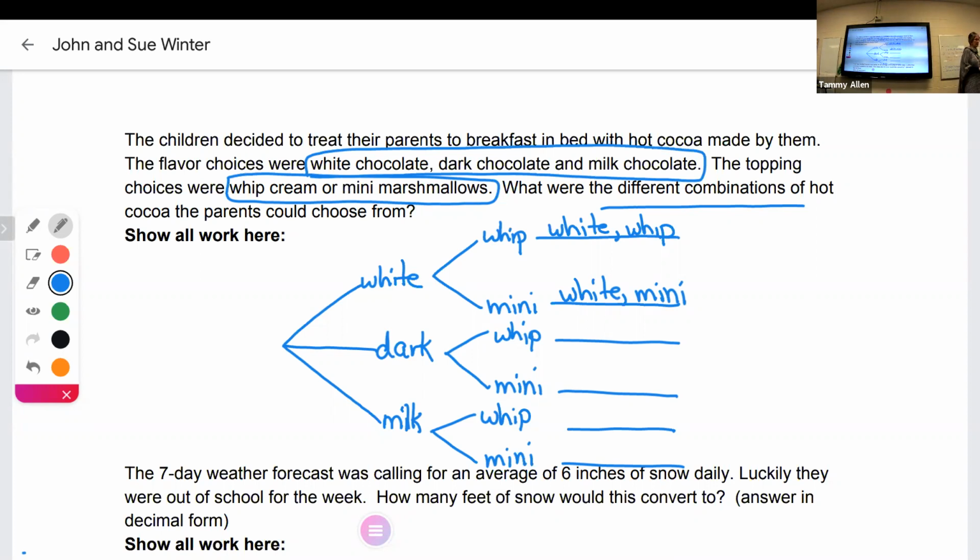Questions? Yes? But I don't know which one you don't want me to grade. And typically I start at the top and grade, and then the last one's the one I won't grade. Does that make sense? Okay. Anything else?